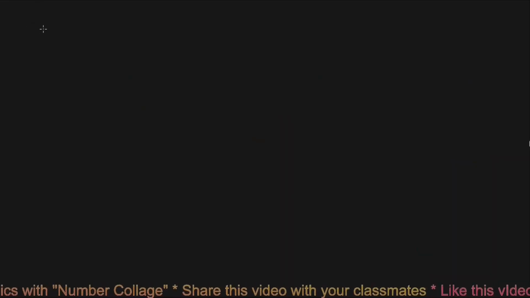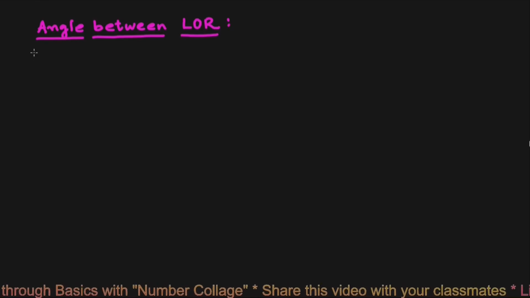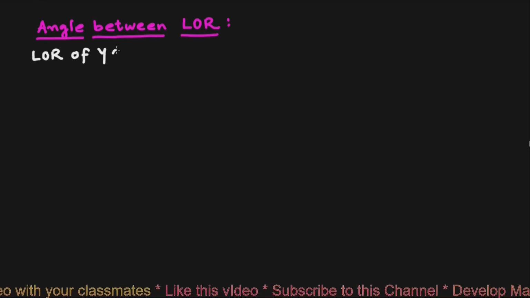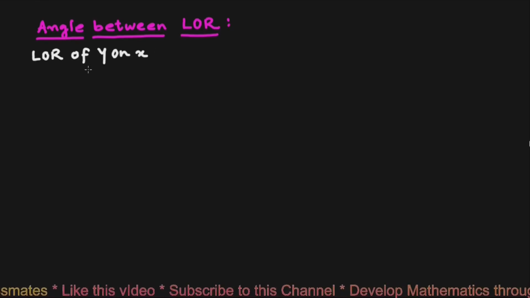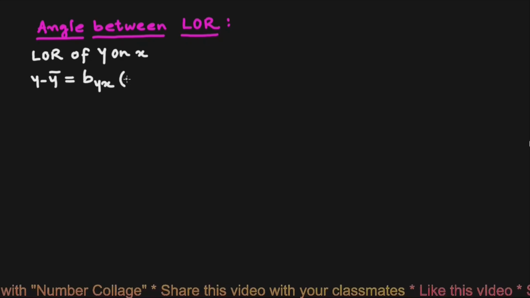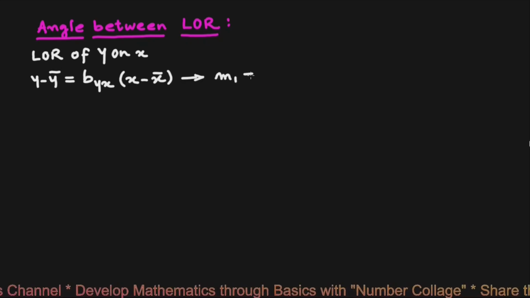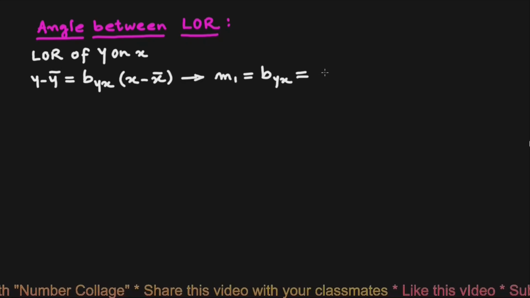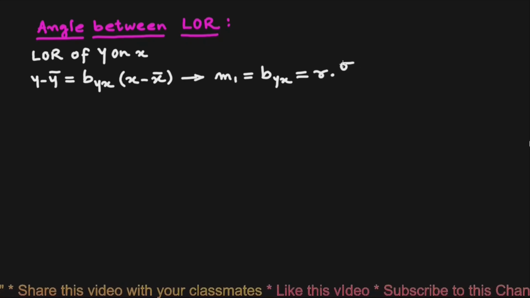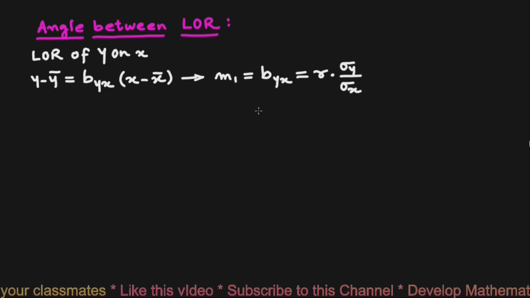Next we will find the angle between the lines of regression. We know the equation of the line of regression of y on x is y minus y bar equals byx into x minus x bar, whose slope m1 is byx, which is r times standard deviation y upon standard deviation x.